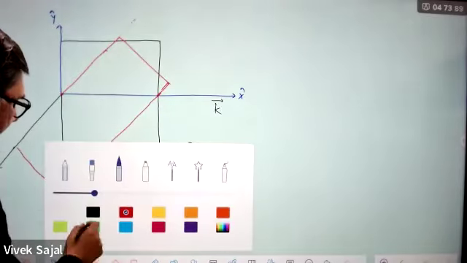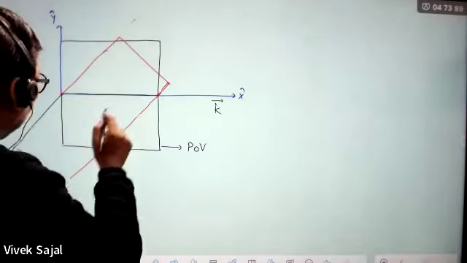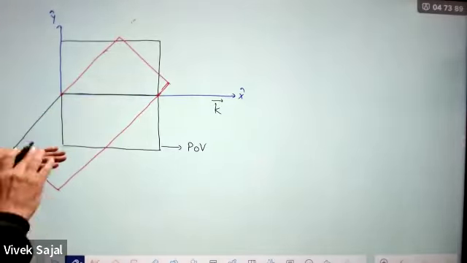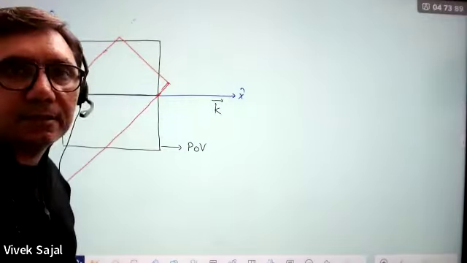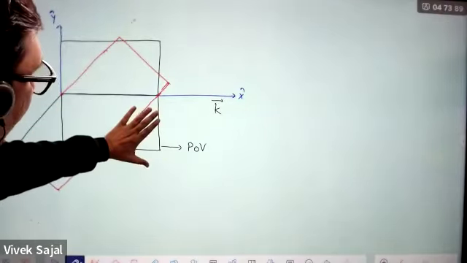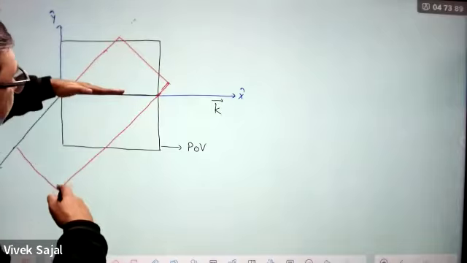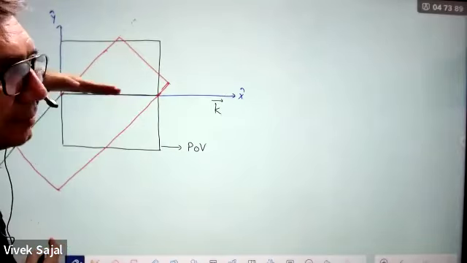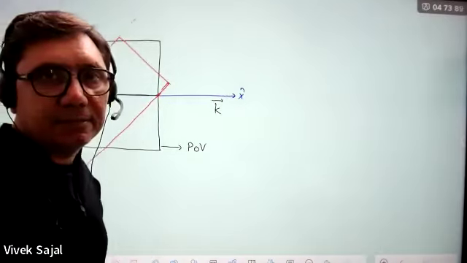What is important here is that along this plane, there are no electric vectors. In the plane of vibration, all the electric vectors are there, and perpendicular to this plane, there will be a plane like this in which there will be no electric vector.